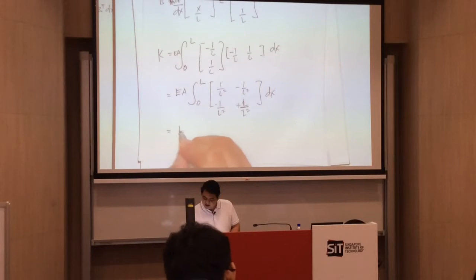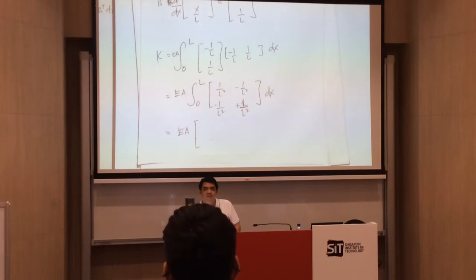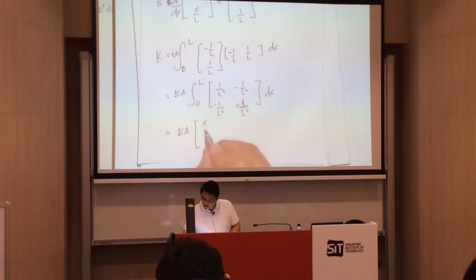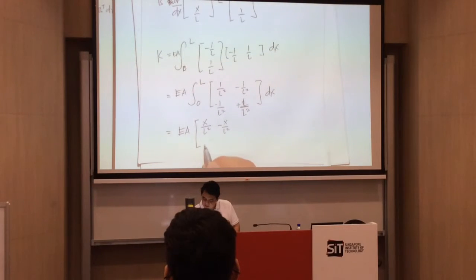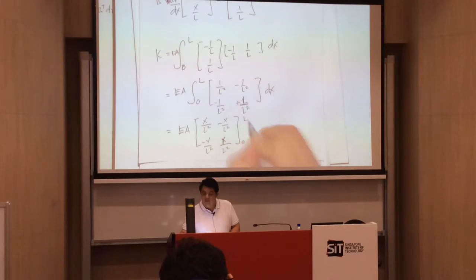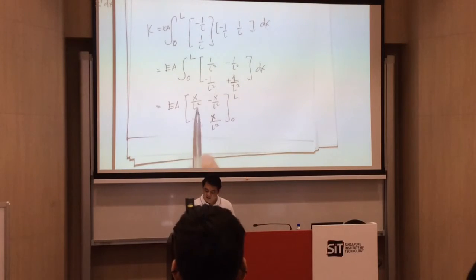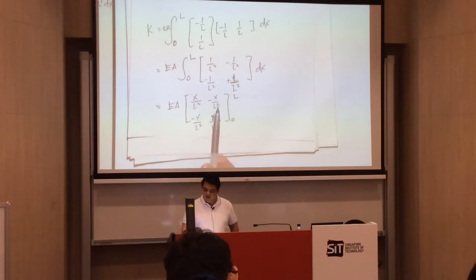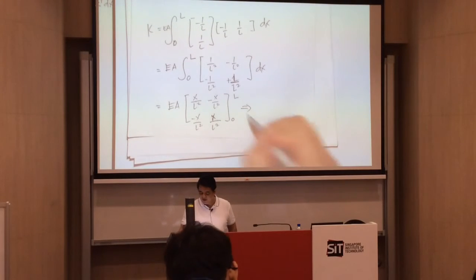This one is EA, x all over L squared, and evaluated at L, this one is 1 all over L, minus 1 all over L, minus 1 all over L, 1 all over L. So then you can simplify this one too.